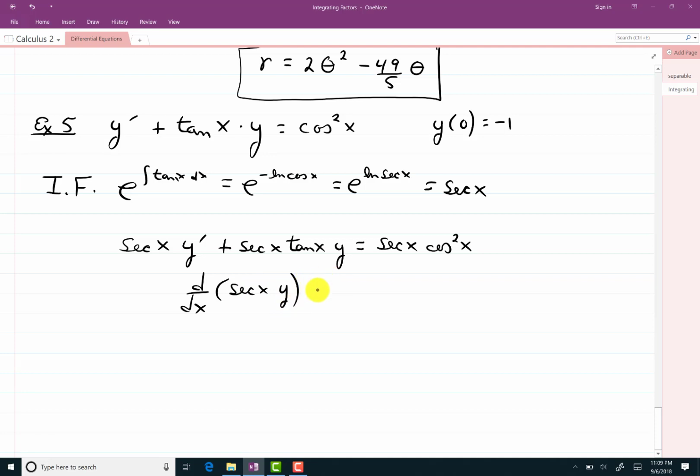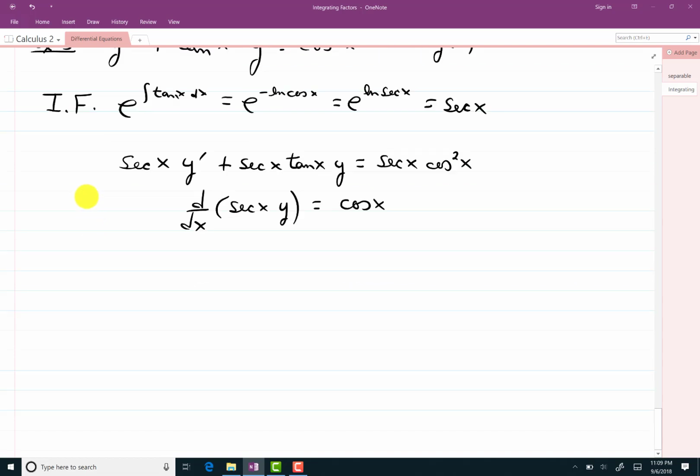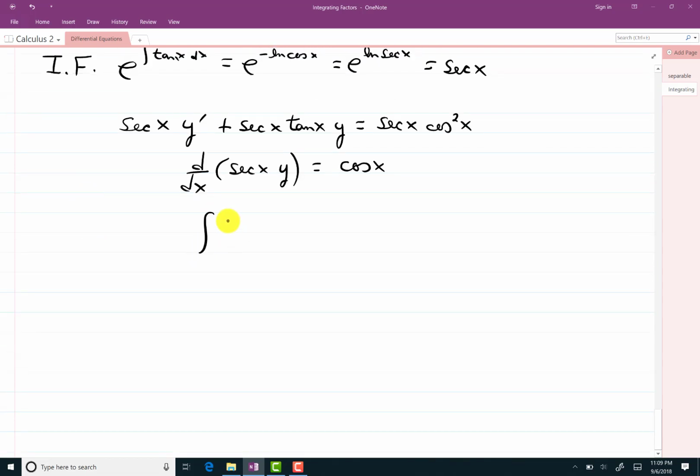The right-hand side simplifies a little bit because one secant of x destroys a cosine of x and will leave me with just cosine of x. Of course, the integral of cosine of x is sine of x. And on the left side, I get secant of x times y.